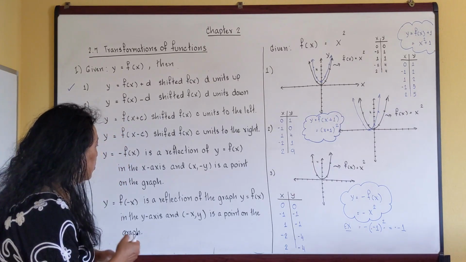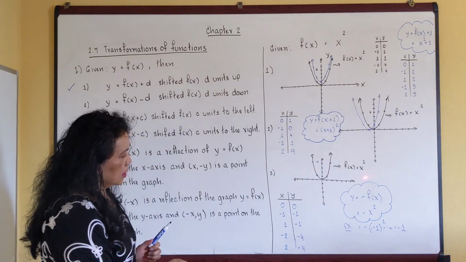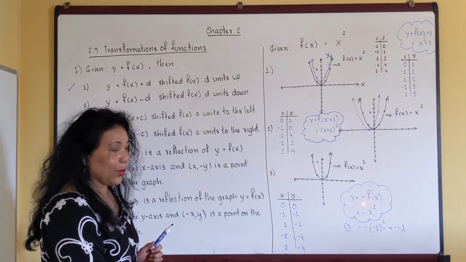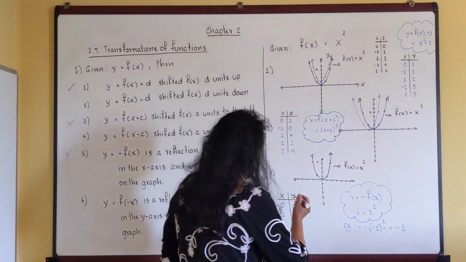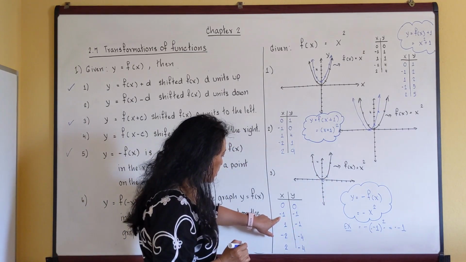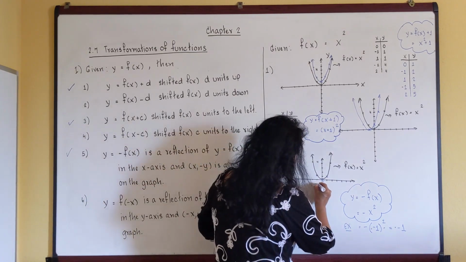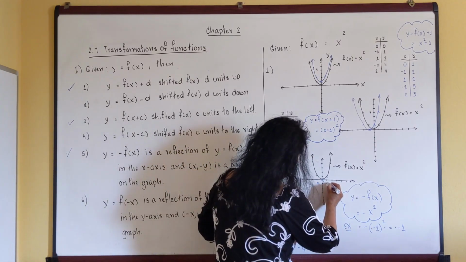So let's see what's going to happen. As you can see, this is a parabola open downward. If x is 0, y is 0. If x is negative 1, y is negative 1. If x is 1, y is negative 1.